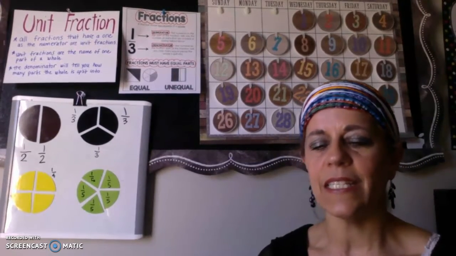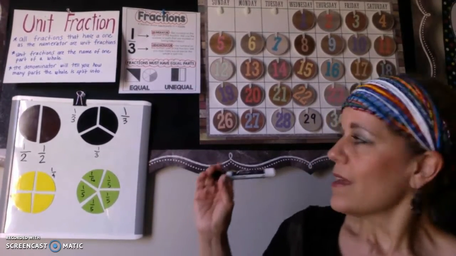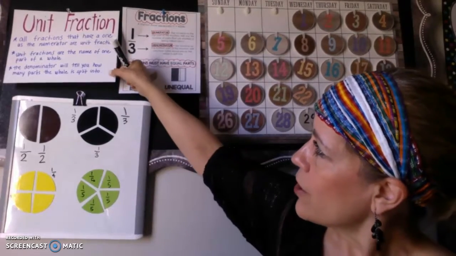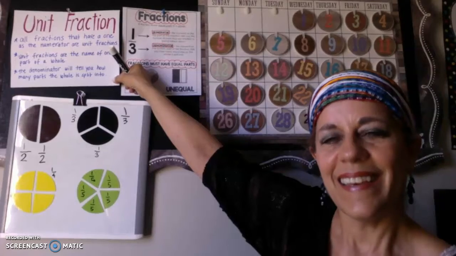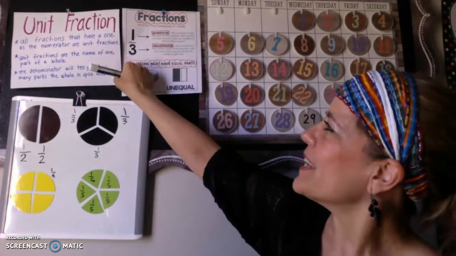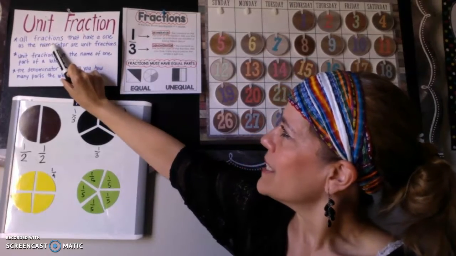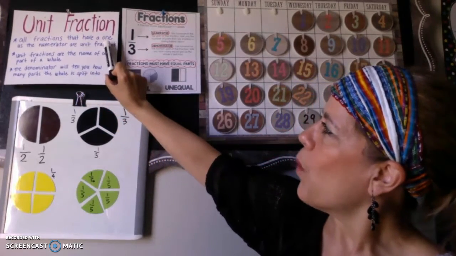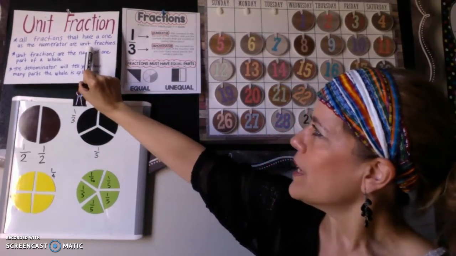But before we begin, we need to understand what a unit fraction is. I have a chart up here that tells me what a unit fraction is. So I want you to read it with me out loud. All fractions that have a 1 as the numerator are unit fractions.